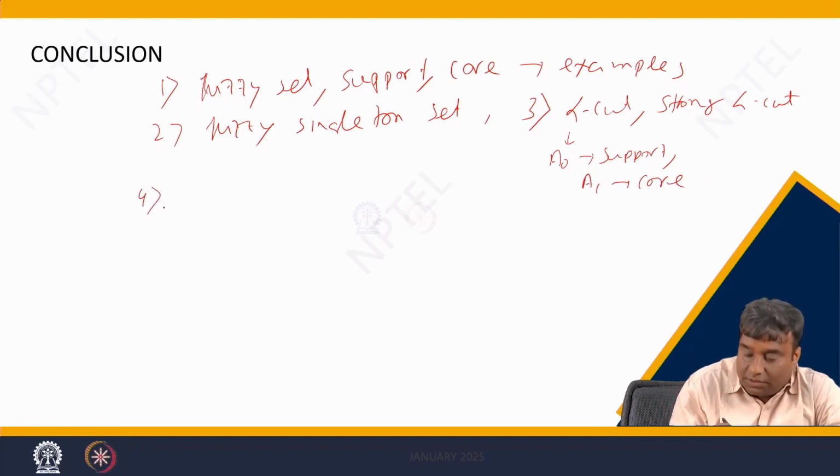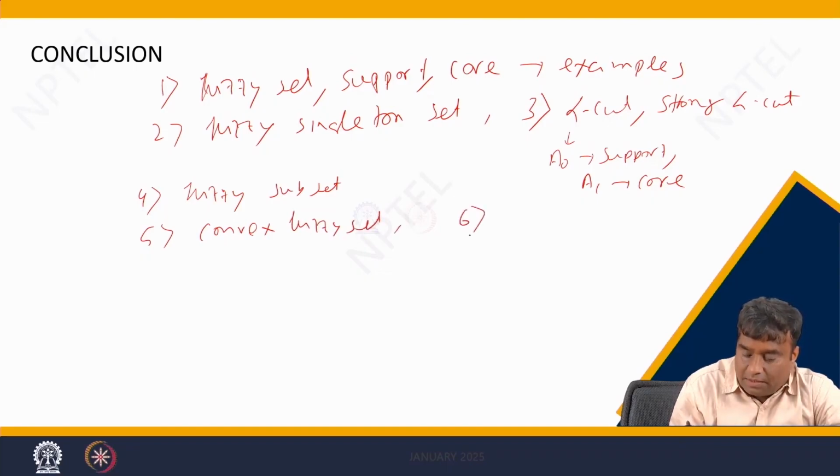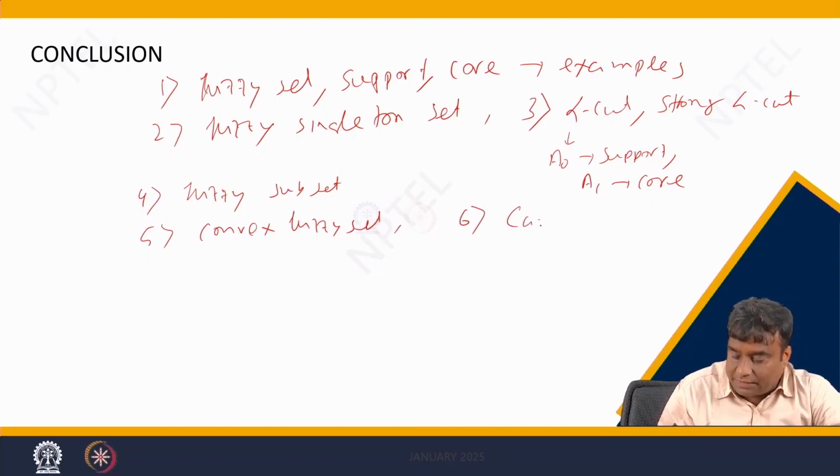Then we understood the fuzzy subset, convex fuzzy set, and the cardinality, I mean the scalar cardinality.